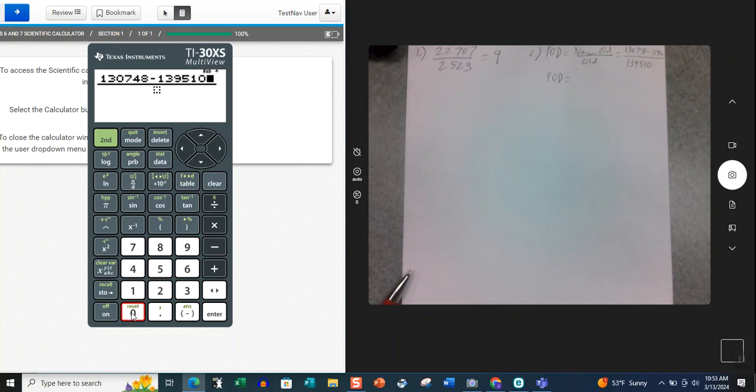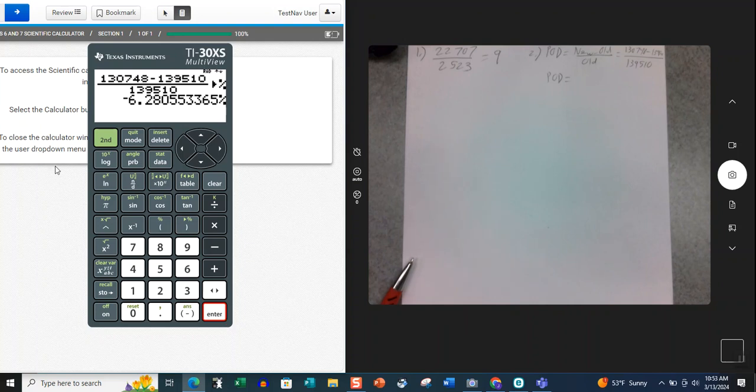That's the new minus old. Then we'll hit the down arrow and hit the 139,510. Now again, that's new minus old divided by old. Then we hit the right arrow key. Remember, we want this as a percent. So we'll press second and then the right parenthesis key. You notice we got the arrow percent, and we'll press enter.